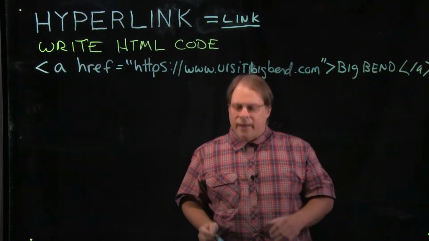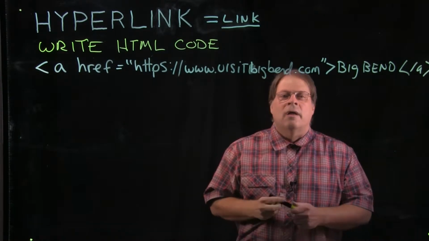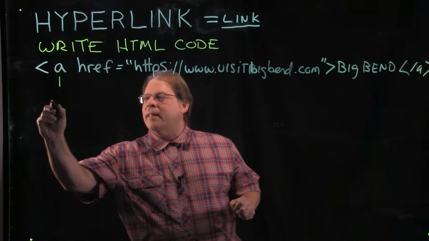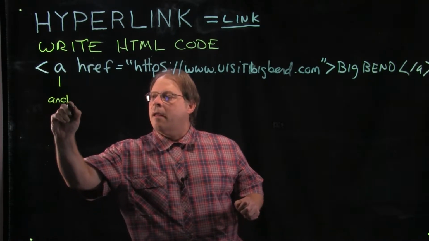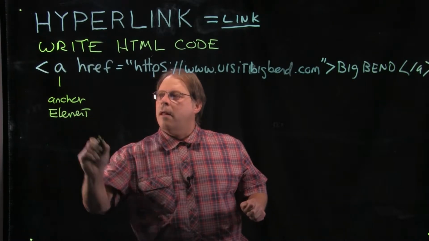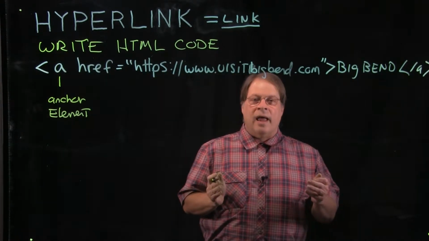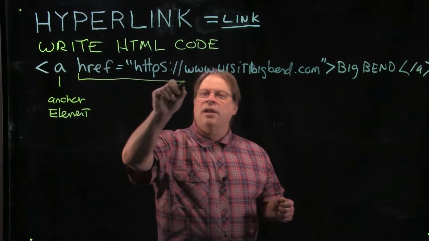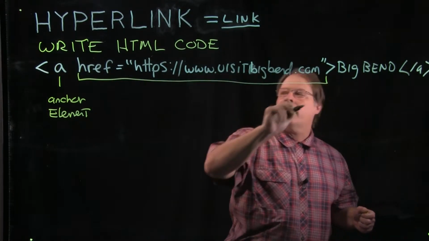So let's go through and break down what everything does in a rational fashion. So, A, that's your anchor element. The anchor element says we're creating a link. Next, you have your href attribute.